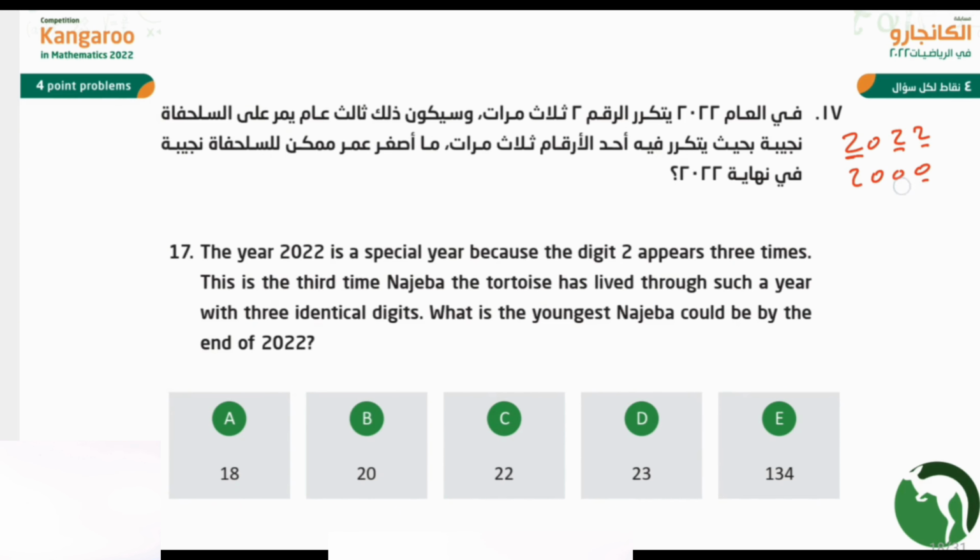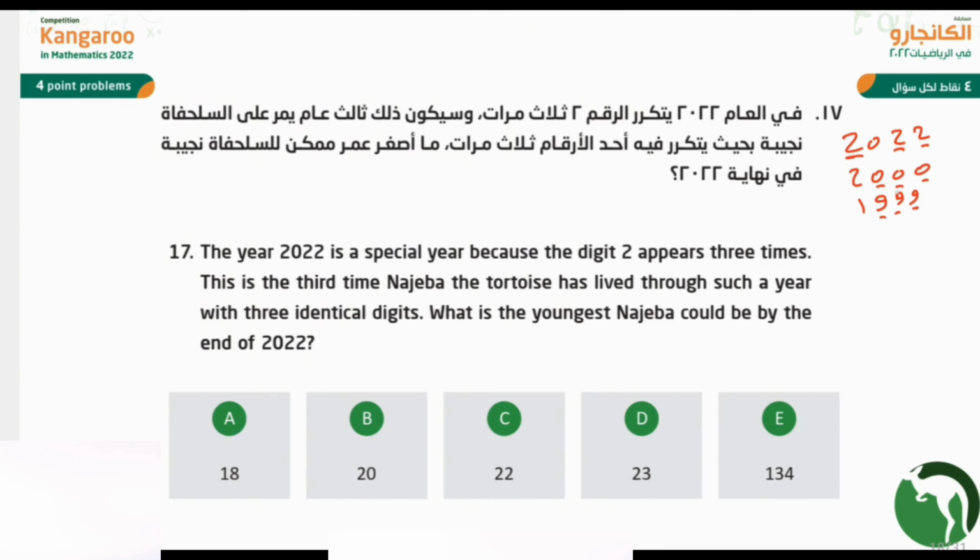Here the zero is repeated three times, so this is the second number. Now if we go 1 year to the past, we will have 1999. So here we have three nine digits, and this is the third number.